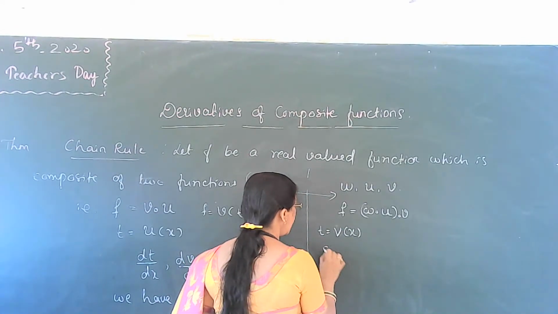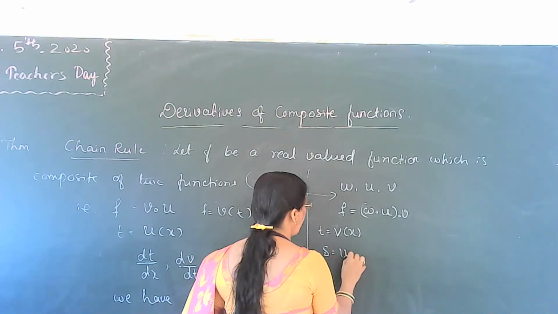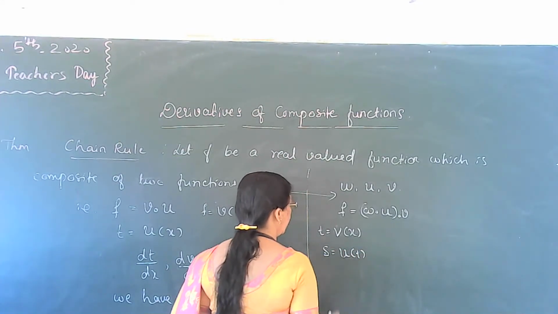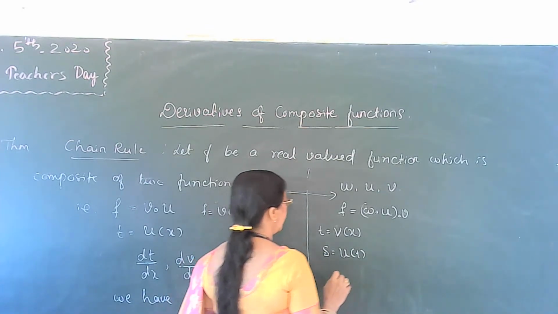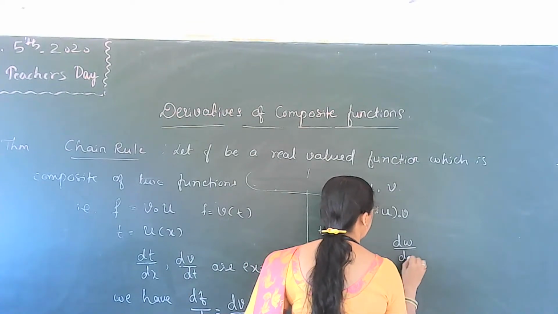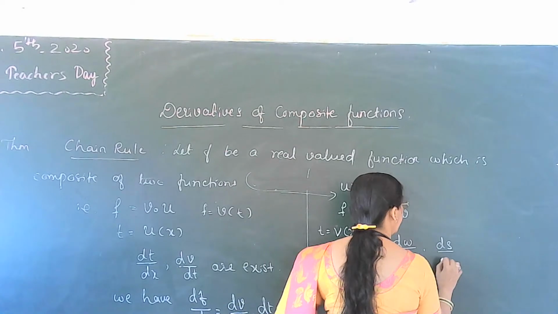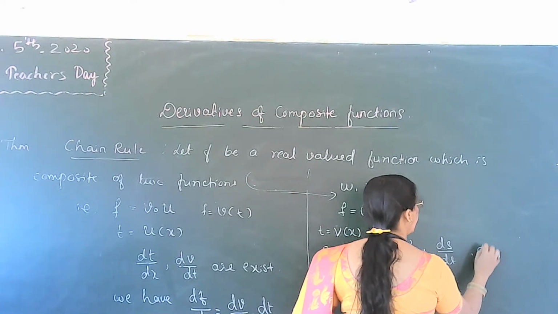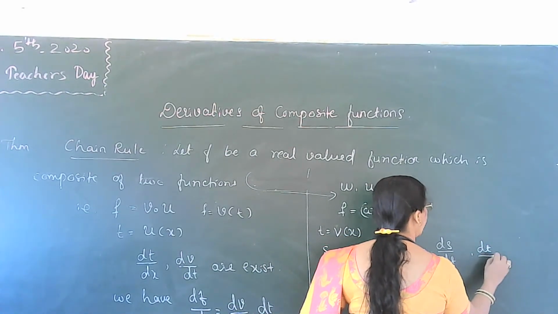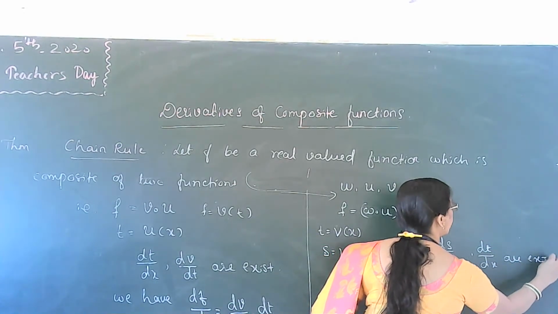Then s is equal to u of t. Now here dw by ds, ds by dt and dt by dx exist.